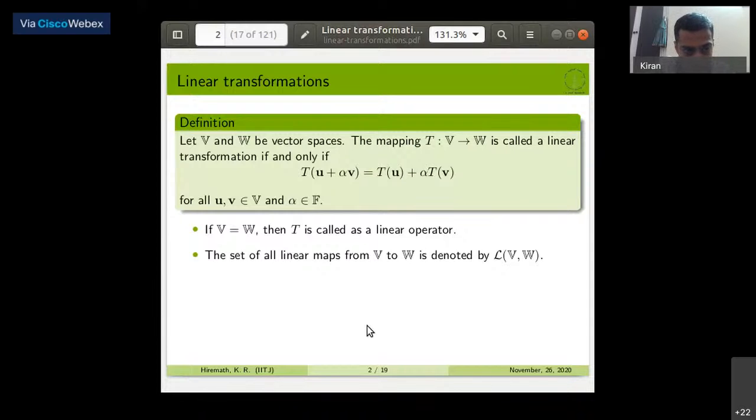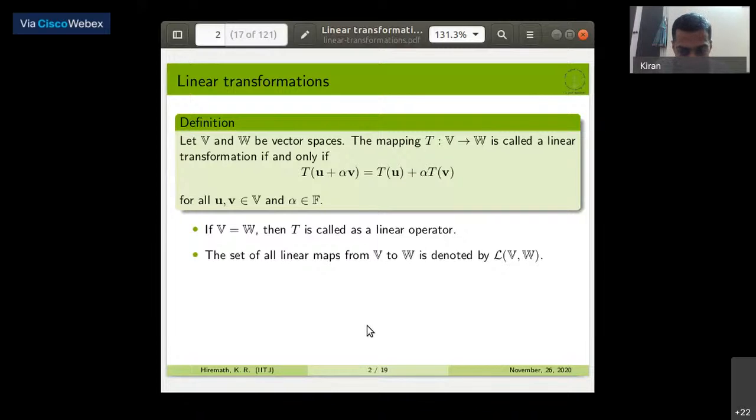So the relevant question one can ask here is, what is the dimension of this space? And in all this definition, we are not explicitly requiring V and W to be finite dimensional. Right now, these are just vector spaces, maybe of finite dimension or maybe of infinite dimension.